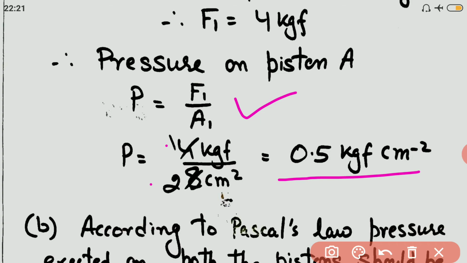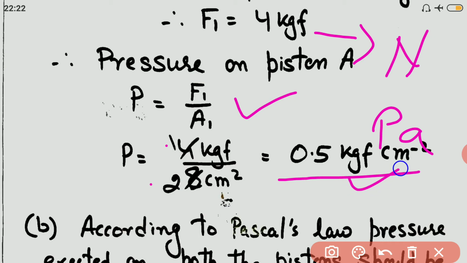This can also be converted into Newton, and then we can solve it. In that case my unit would have been Pascal. But since they haven't asked the pressure in the SI unit, I am keeping the unit as it is to match the answer with your book also. You could have changed the force and then found the pressure in Pascal. That would also be right.